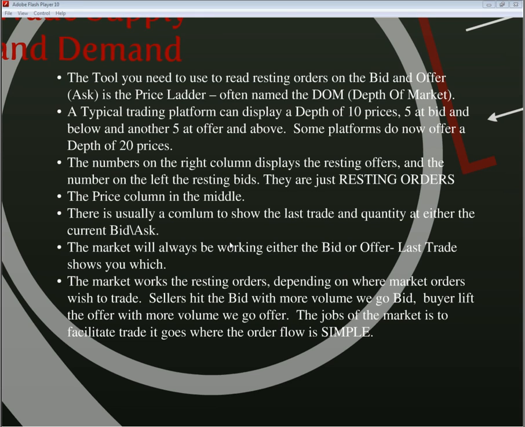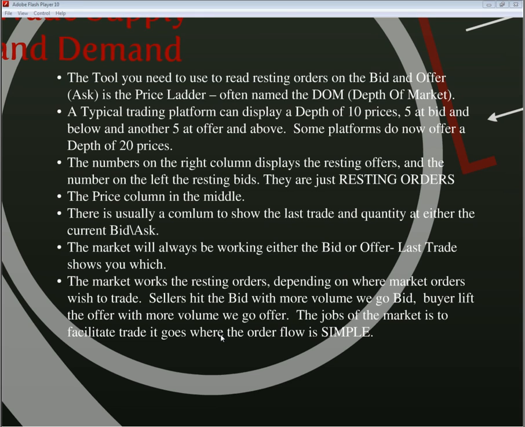So if the sellers are hitting the bids with more volume, we'll generally go bid. The market likes to generally go where the order flow is. If the buyers lift the offer with more volume, we generally go offer. The market's job is to facilitate trade, so where most of the orders are coming in, that's where it would like to work. So if we keep hitting the bids, the market will keep working the bid. And if we fail to work the bids, then the market will start working the offers.